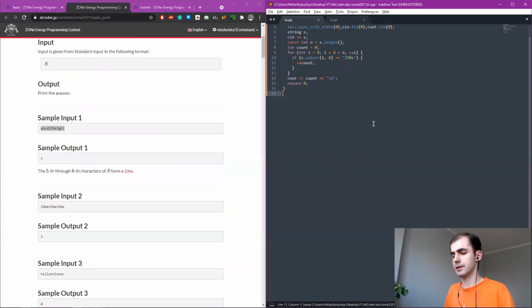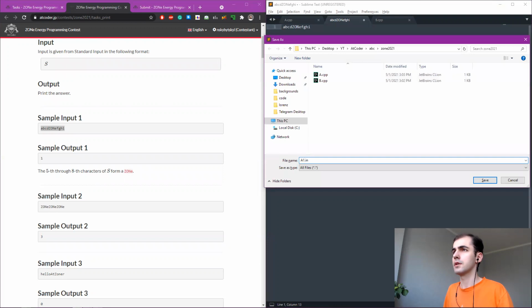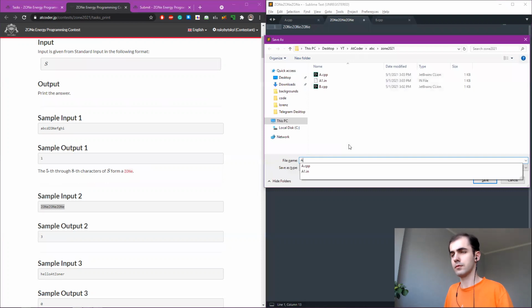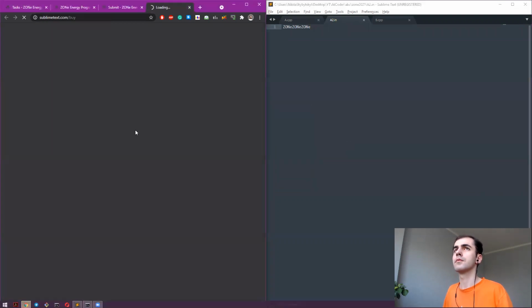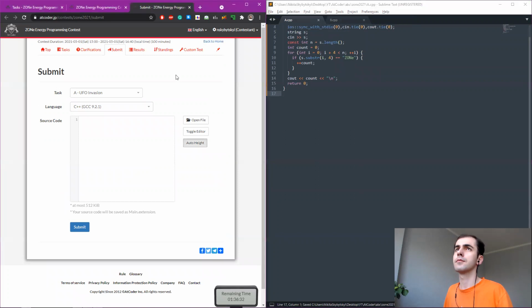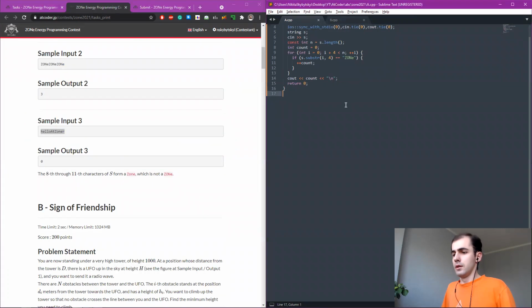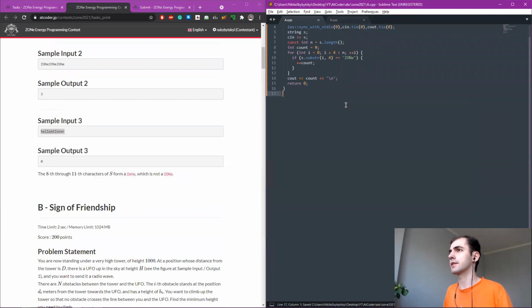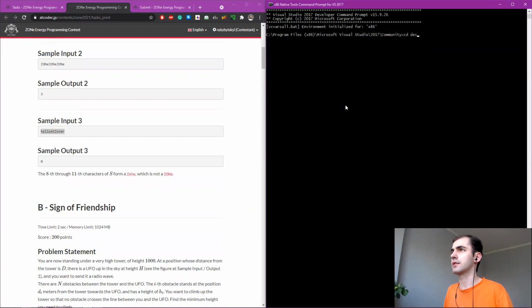We have several test cases. The third one is, I believe, supposed to show us that the answer is case sensitive.